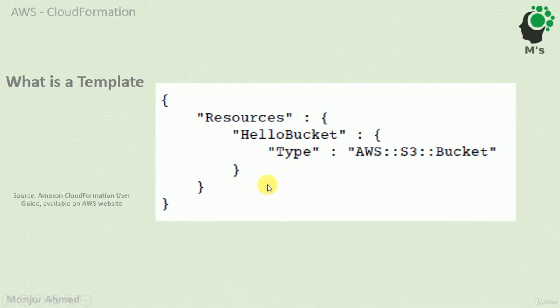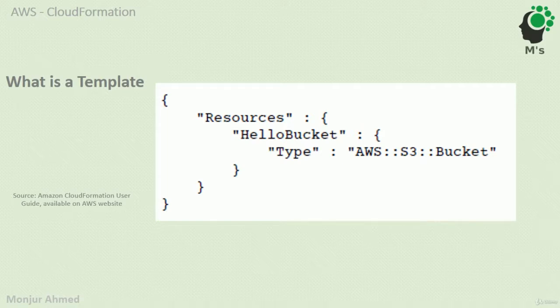This is what you can learn in detail from the AWS website, the best place for any resources on any AWS services. If you go to the AWS website and look for the CloudFormation user guide, you will find a detailed explanation of CloudFormation, which includes detailed discussion on the templates as well.